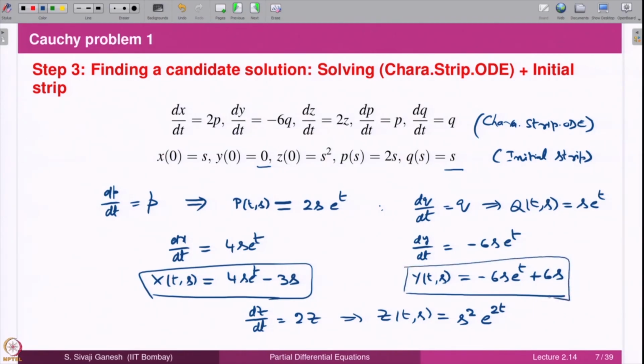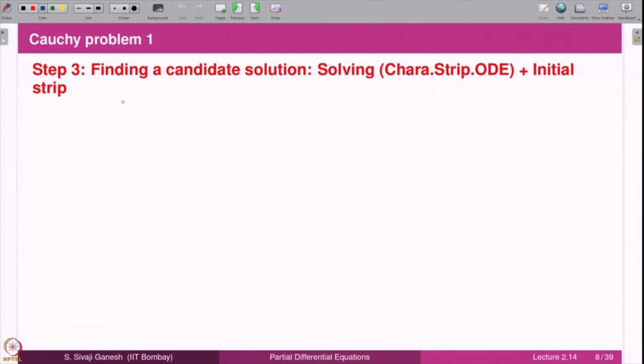So, how do we solve that? Let me recall what is x(t,s), y(t,s). From here you can observe that 3x plus 2y equals 3s.